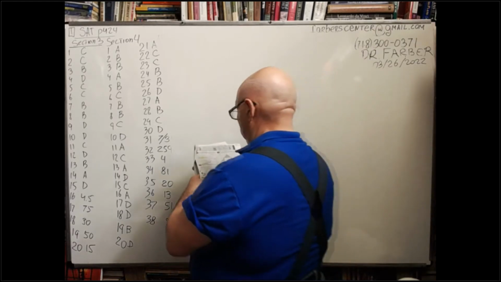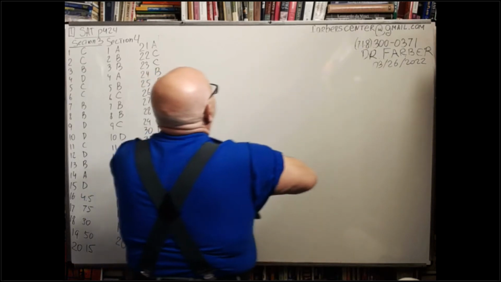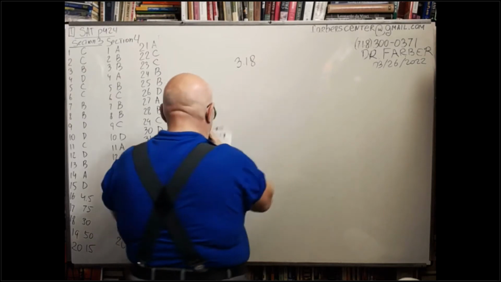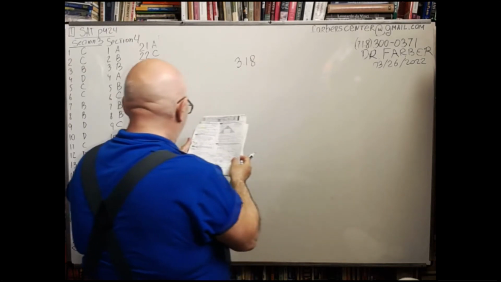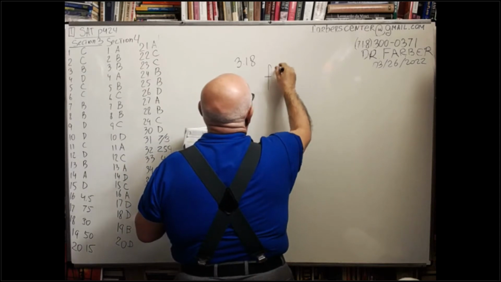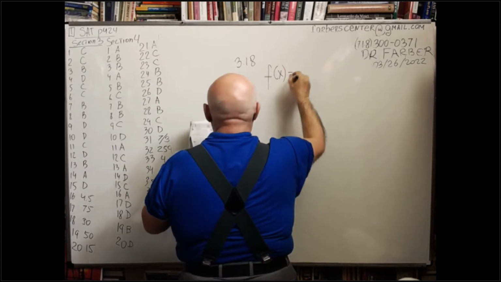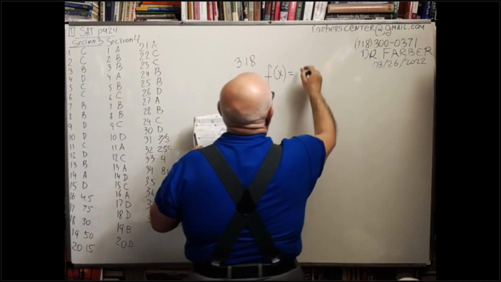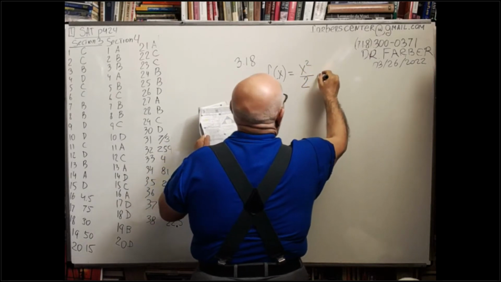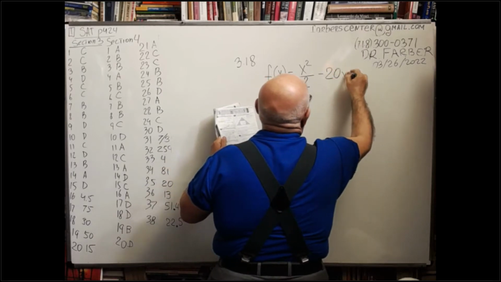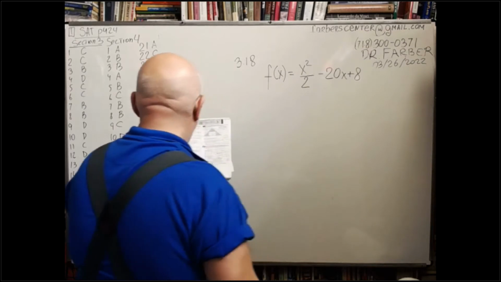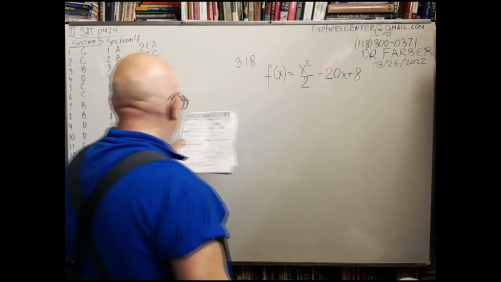And in 318, what do we have? You have a function f of x equals x squared over 2 minus 20x plus 8. K is a constant.